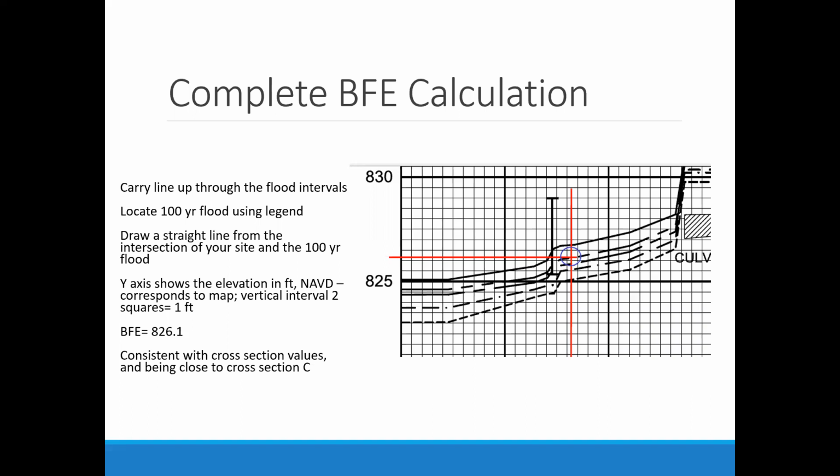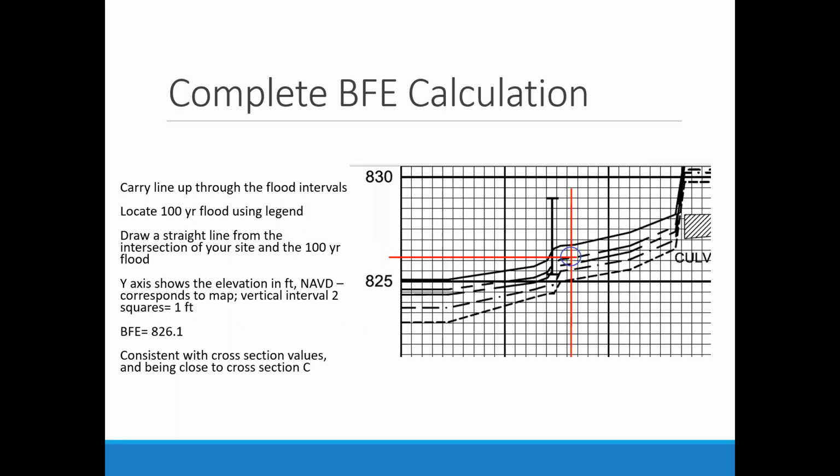So when I draw my horizontal line over, you can see the intervals between the squares here vertically are a little different. So I only have 5 feet between 825 and 830, and that's 10 squares. So 2 squares is 1 foot. And so I'm a little bit over the 826 line.